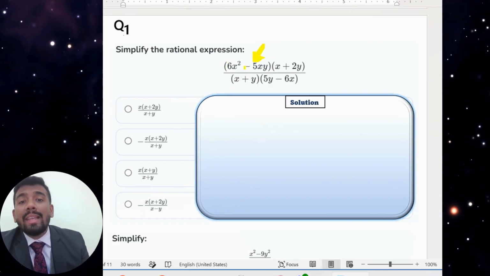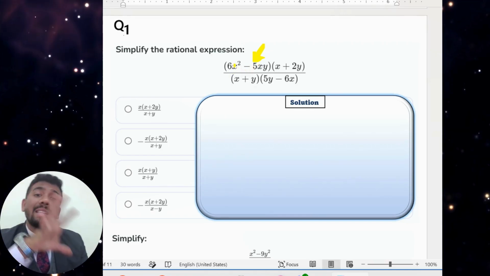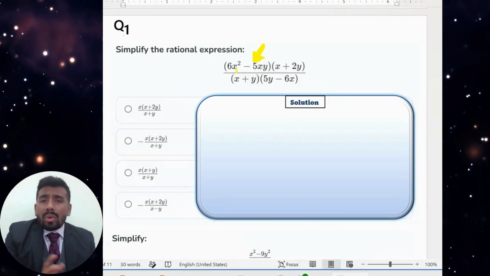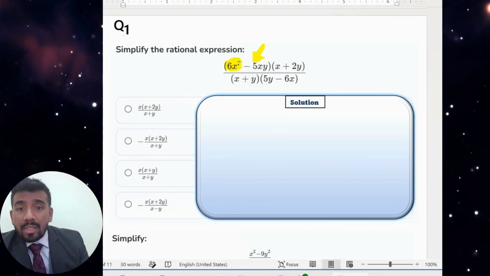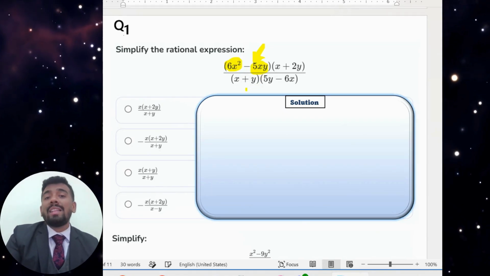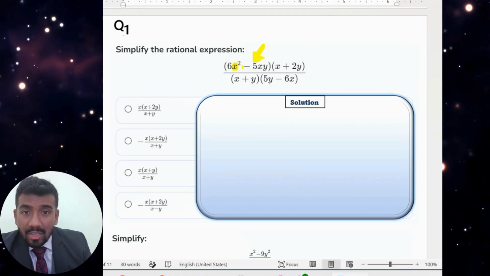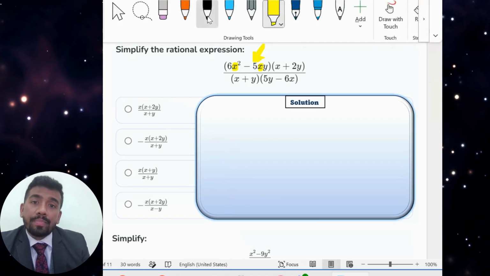So we need to cancel from this bracket, so we'll take something common out of it. Now what is common? Common is something that is the same in both this term and this term. Now what do you feel is the same in both terms? The x. You see, the x is the same, right? So I can take the x outside.